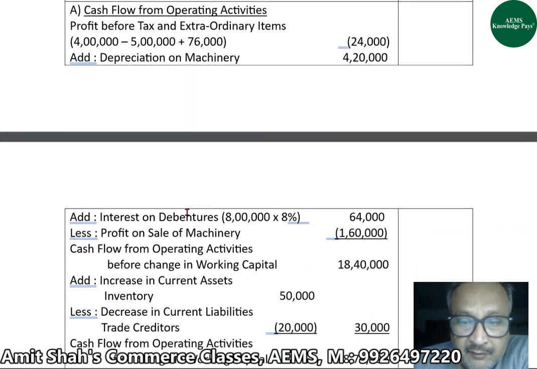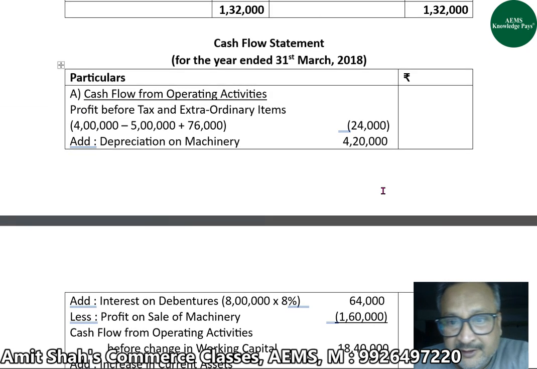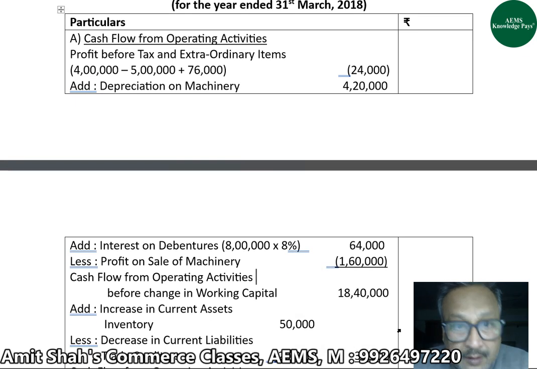So we will first find cash flow from operating activities before changes in working capital, and that would be the sum total of these four amounts. So this is 470 minus 160 means 3,10,000.